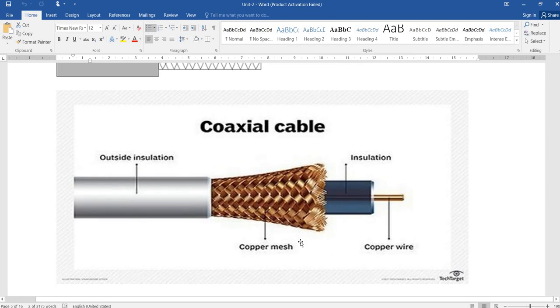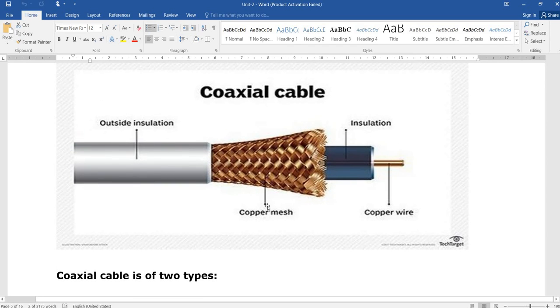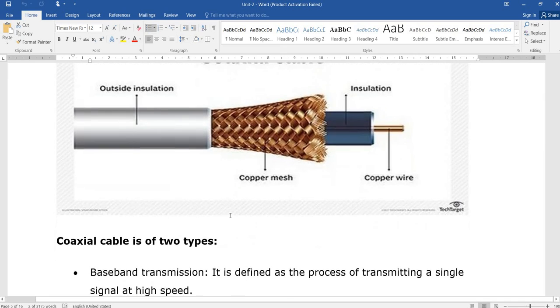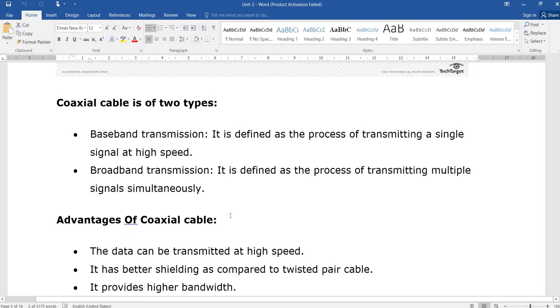And this is the graphic of a coaxial cable. Here we have an insulator, then outside of this a copper mesh, then in between we have insulators, then the inner core is copper, and the real data is transmitted in this copper. This is for protection from EMI and all these things. Coaxial cables are of two types, baseband transmission and broadband transmission.